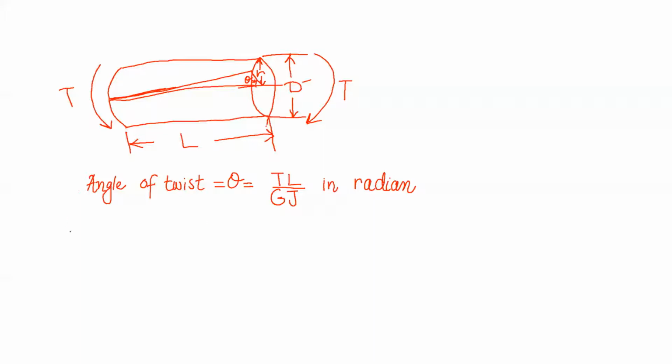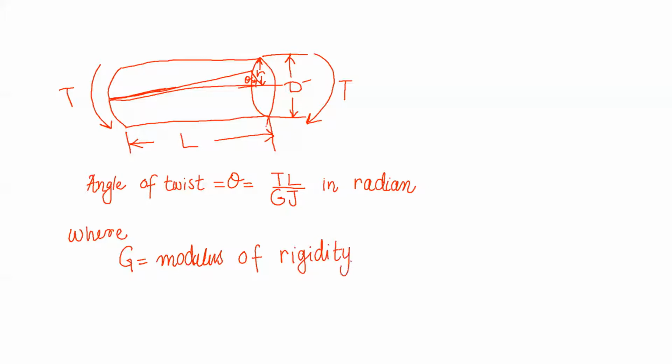So next, G is the modulus of rigidity. If any material has a high modulus of rigidity, the angle of twist is difficult to produce, meaning the resistance to twisting is much greater in that material.